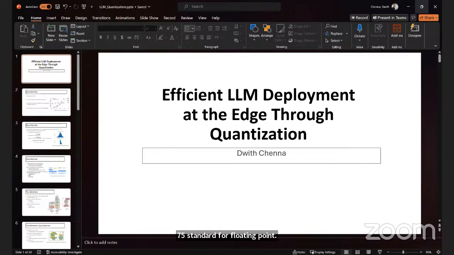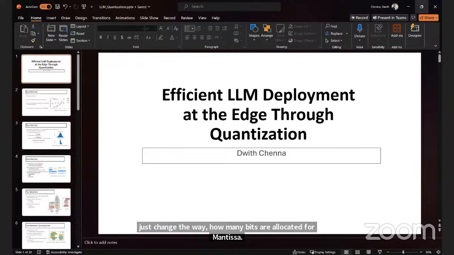That was reigning for the most part, and now we have more data variants that are more hardware friendly, and that's why we see FP8, BF16, and FP4. Essentially, it's the sign, mantissa, and exponent, and they just change how many bits are allocated for the mantissa. Those details I'm not sure, but something like that.